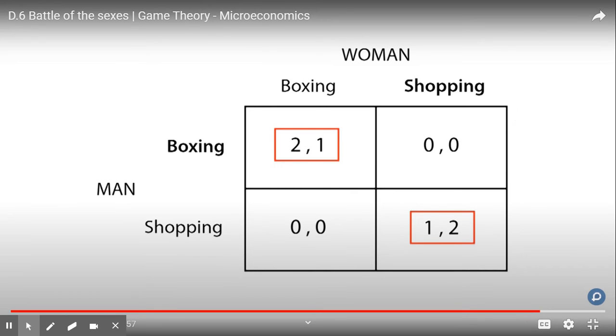This is the concept of battle of sexes, that both men and women have a fight whether they will choose boxing or whether they will choose shopping. So first of all, there are two players, men and women, and they have two options, boxing and shopping. For the men and for the women, there is also the option of boxing and shopping.